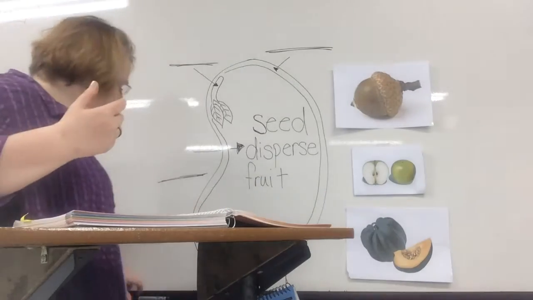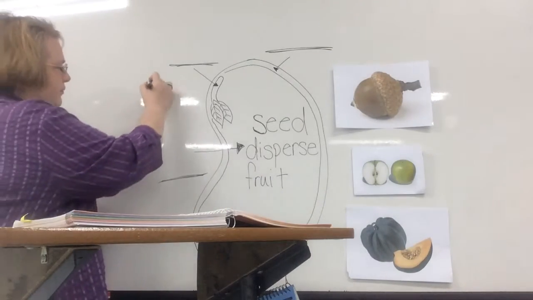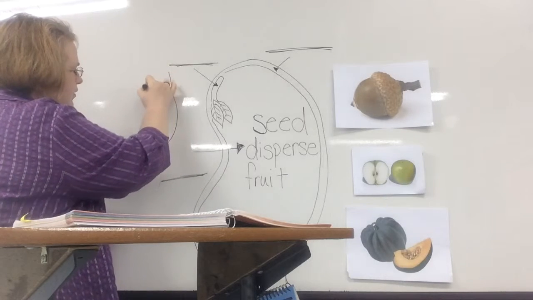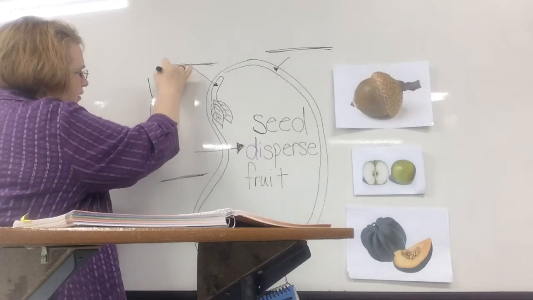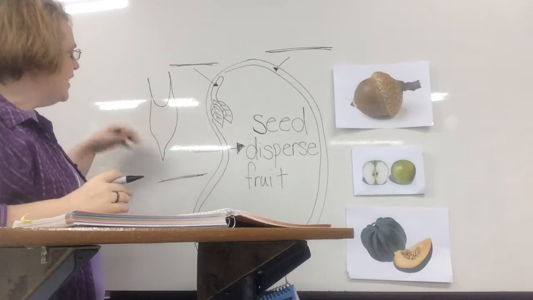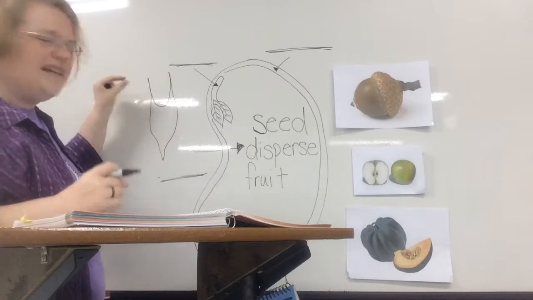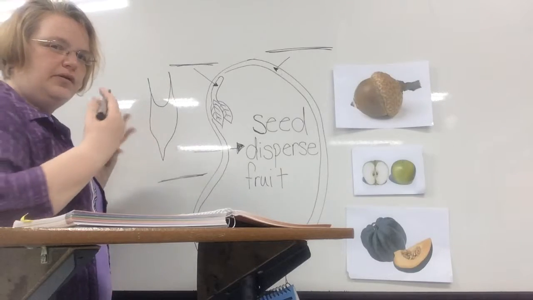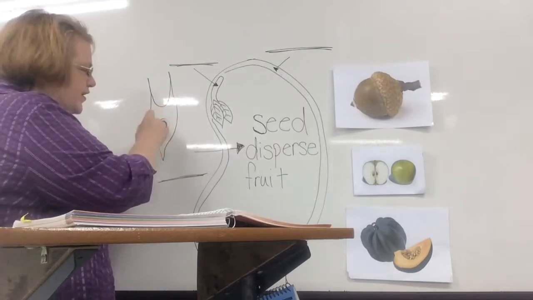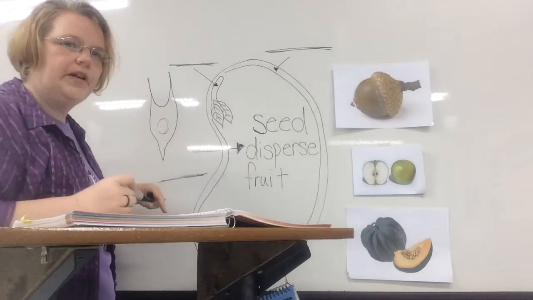These burrs or stick tights kind of look like this. Okay, so this is kind of the shape of a stick tight. These are very sharp and they stick easily to somebody's clothes or an animal's fur. And down in this area, this is where the actual seed would be. Okay?